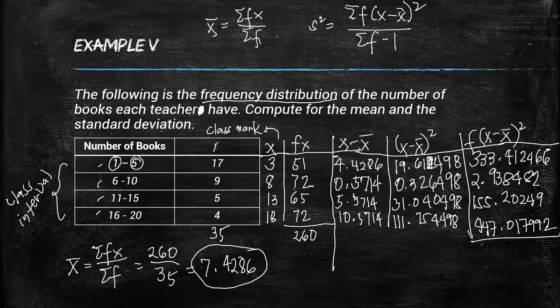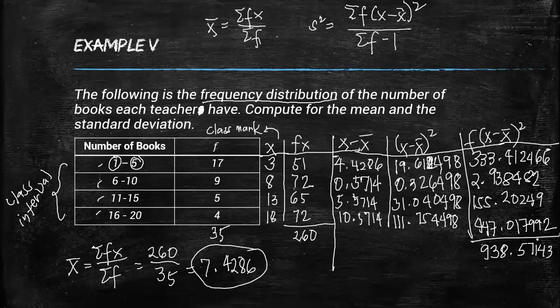Ayan. Then find the sum. O ipag-add po. So we have 333.412466 plus 2.938482 plus 155.20249 plus 447.017992. Ang sagot ko po is ilan? 938.571429 sa akin.